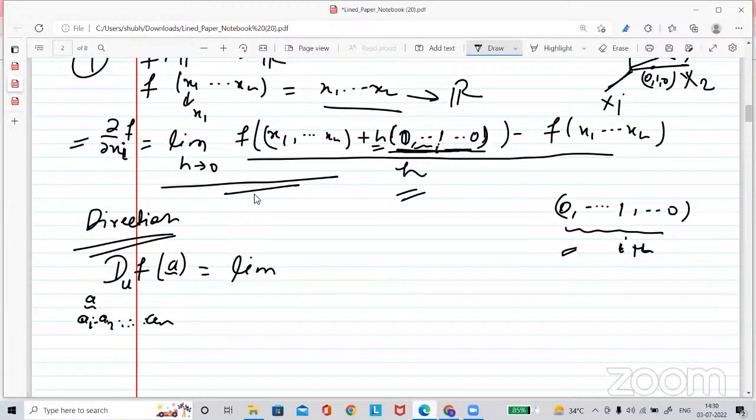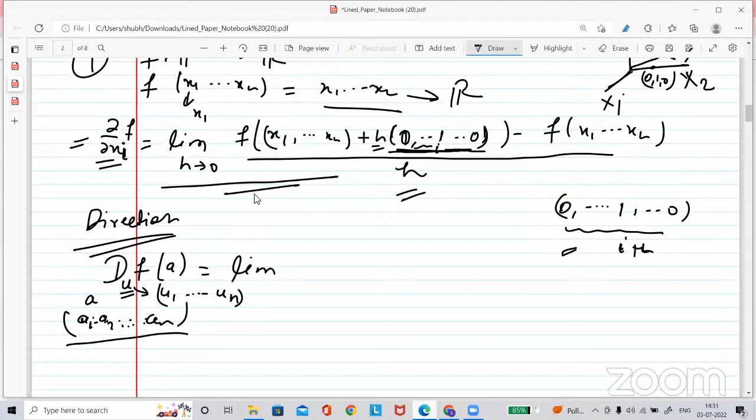For simplicity I am just assuming a only, and I am not going to write the tilde here. So a is actually a1 to an, and u is again in that direction, u1 to un. But the condition is the same as for the axes in the partial derivative: this is going to be a unit vector.